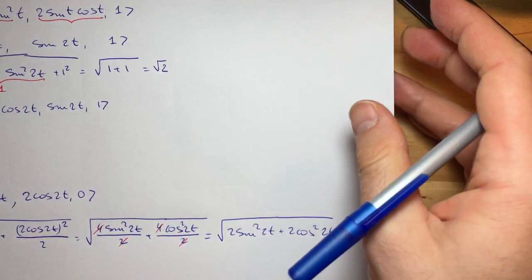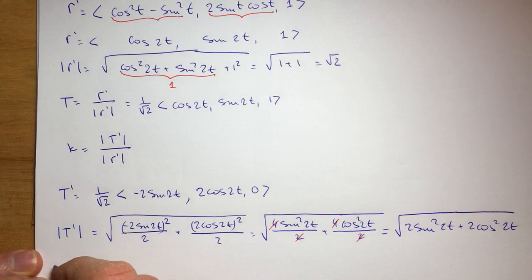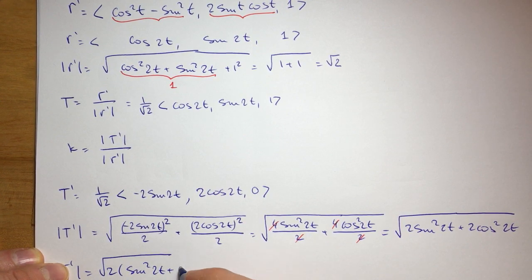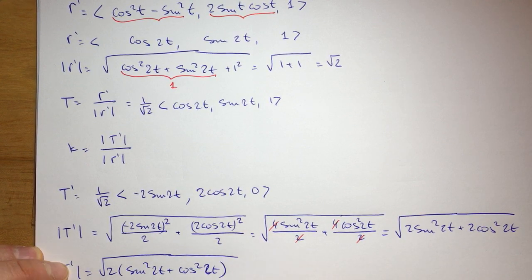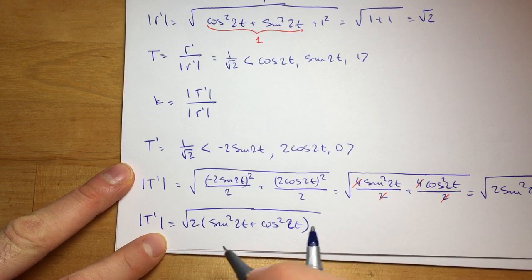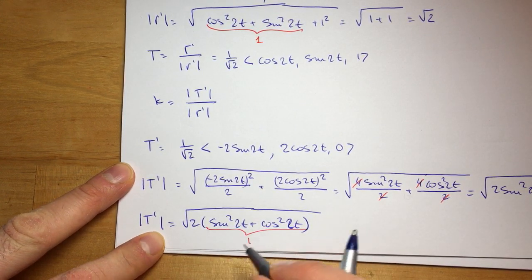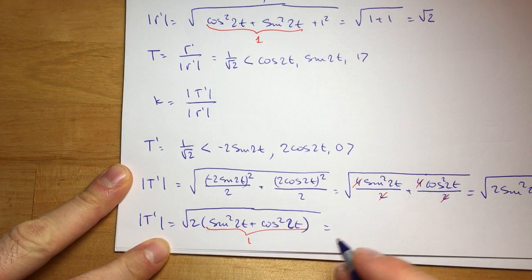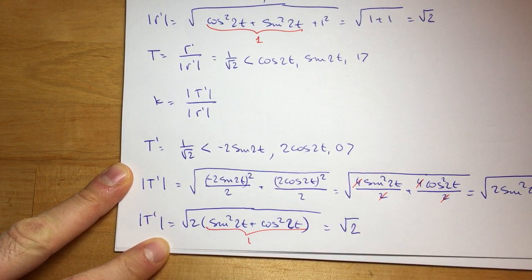factor out the constant 2, and you get sine squared of 2t plus cosine squared of 2t. Again, this is just 1, so I get that the magnitude of the derivative of the unit tangent vector is simply square root of 2.